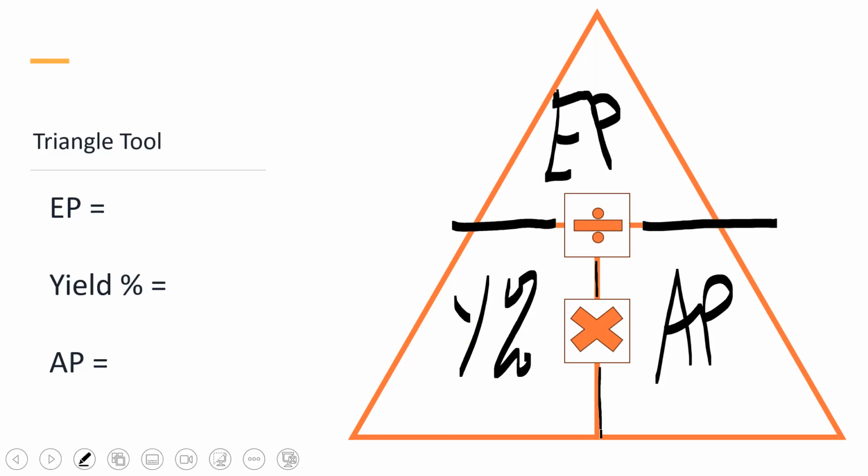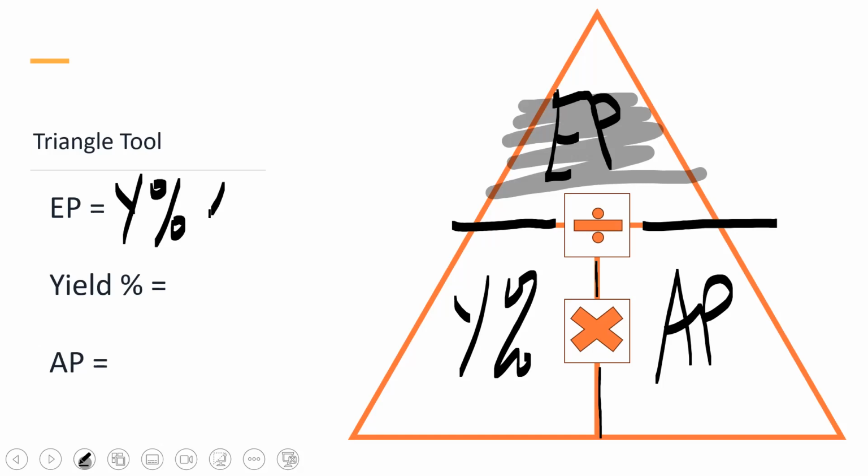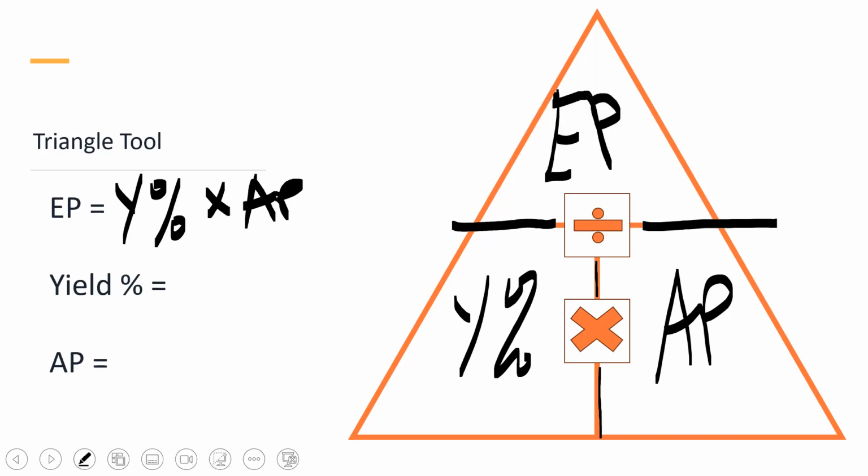What we're going to do is cover up what we are looking for. In this case, our first example is the edible portion. So go ahead and cover up the edible portion. I'm going to cross it out. And what's left over is our yield percentage times the as purchased. Now, if we're looking for our yield percentage, cover that up.